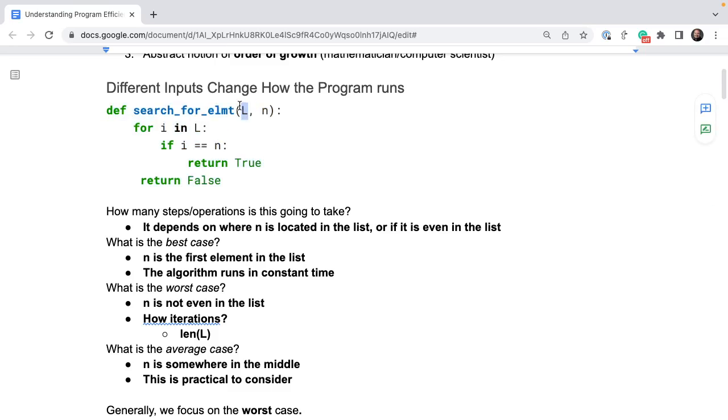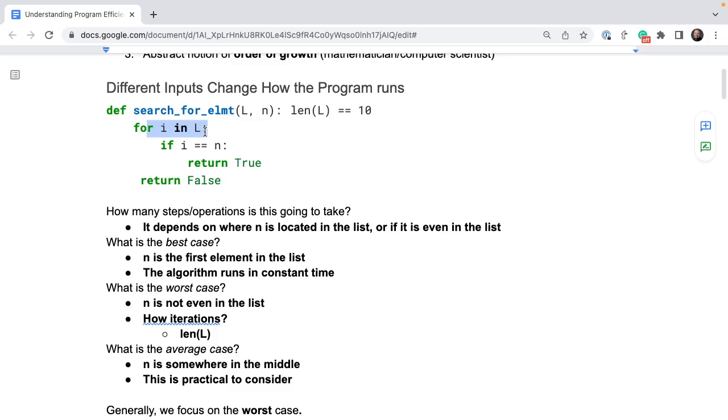How long will it take in the worst case? Let's say the length of the list is equal to 10, and each check, comparison, or iteration took 1 second. In the worst case, it would take us 10 seconds, right?